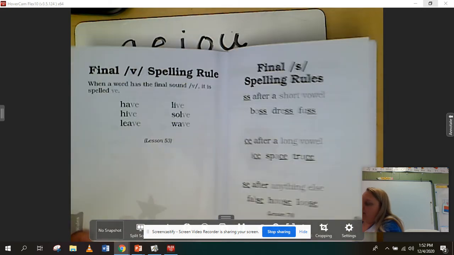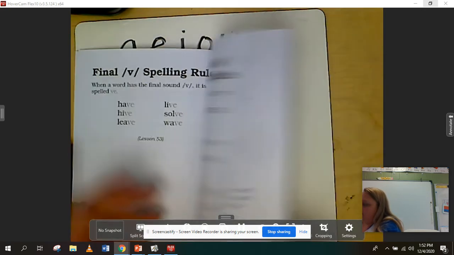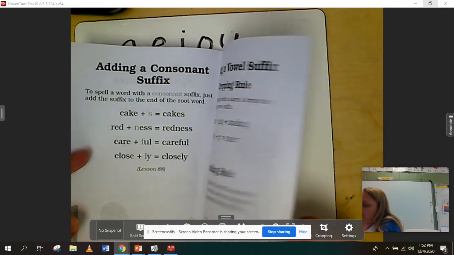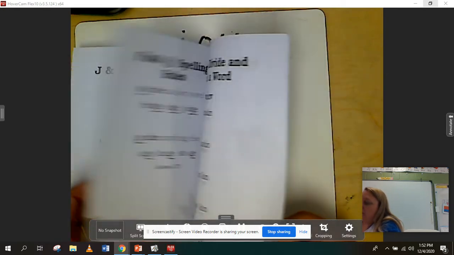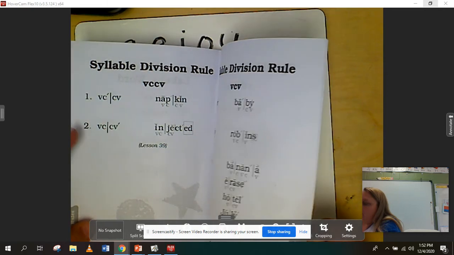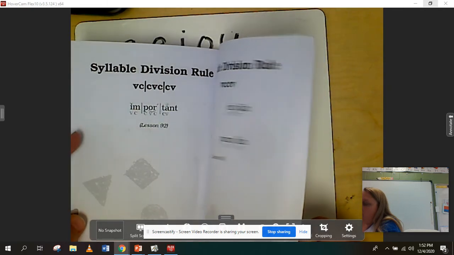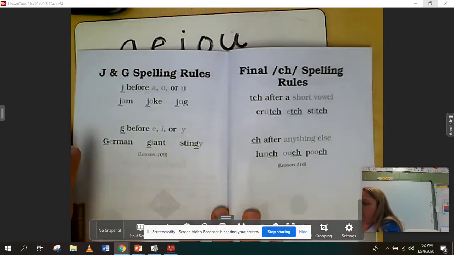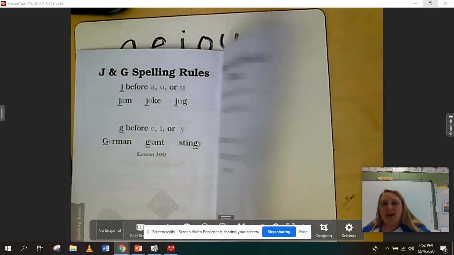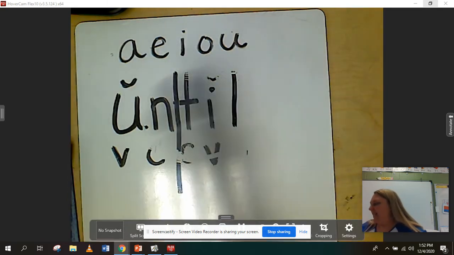I don't know if that one's in here, but maybe it is. Look through here. These should help you out learning how to code your words. Our double vowels not in here. I guess because that one's kind of easy for us, isn't it?